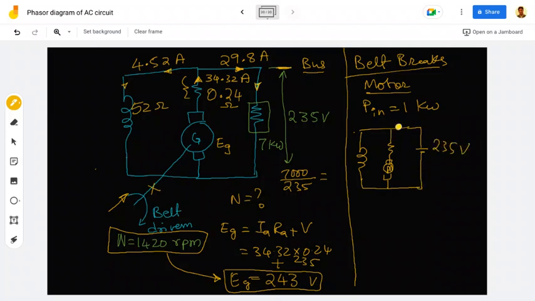The bus voltage is the same. With 1 kilowatt input power, what will be the current? Power by voltage is current, so 1000 divided by 235 is 4.2. So here is where we get the problem.